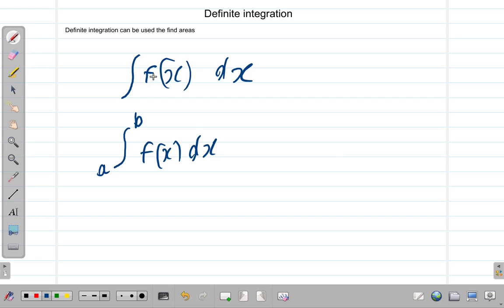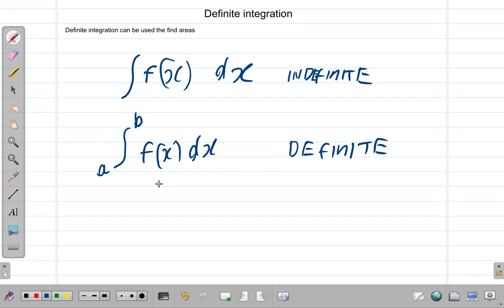In the top one, it's indefinite because you did not say where you started integrating and where you ended. All right? So this one is indefinite integration, and this one is, it should have been an E, definite integration. All right?